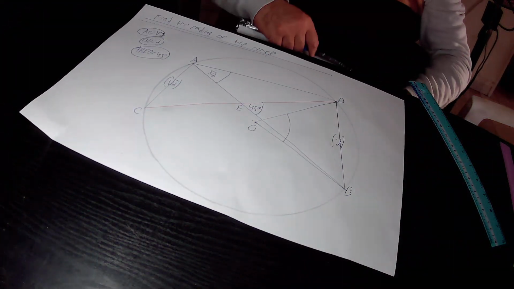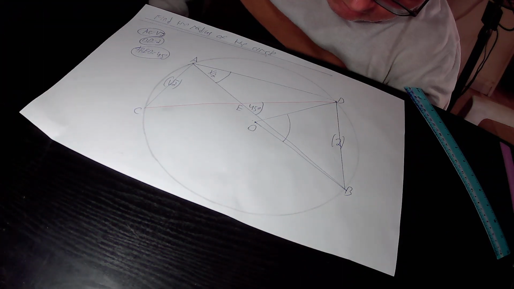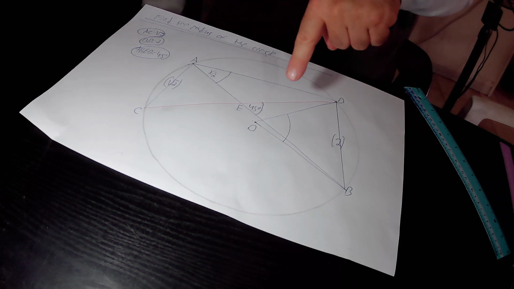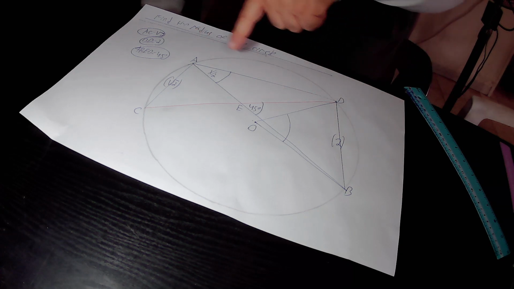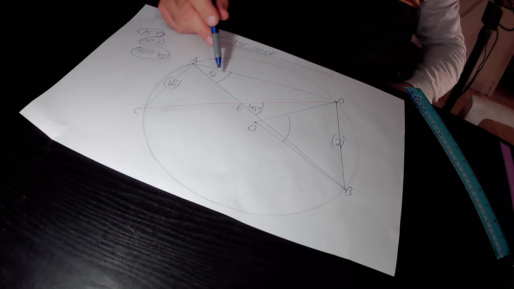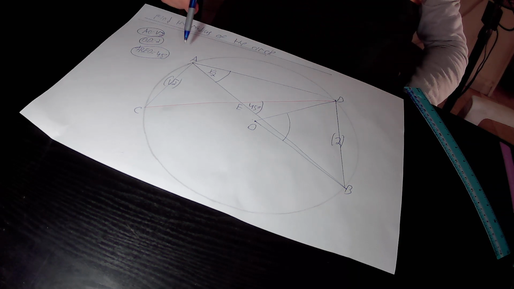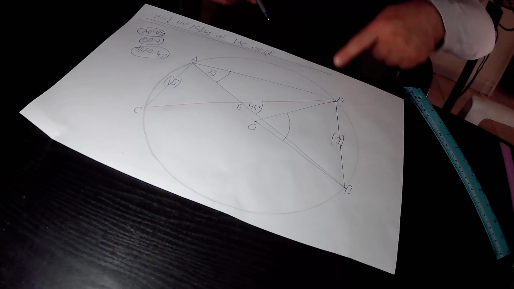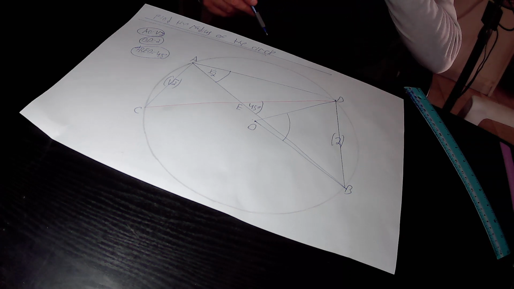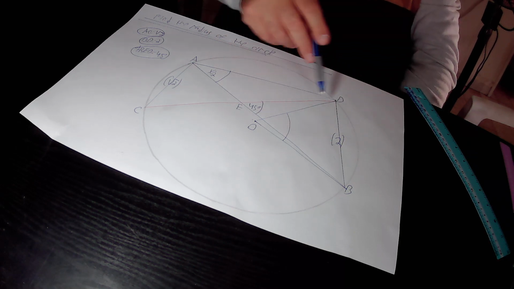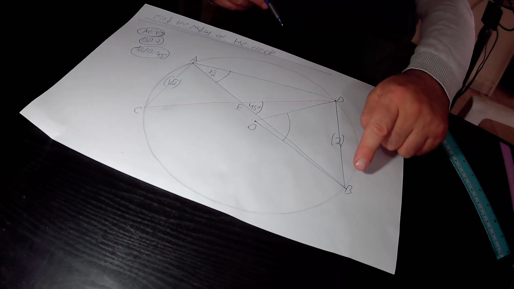Why? Because in our drawing we have peripheral angle BAD. This is peripheral angle BAD. The size of peripheral angle BAD is x over 2, and peripheral angle BAD subtends on chord BD. And we also have the central angle BOD that subtends on the same chord called BD.